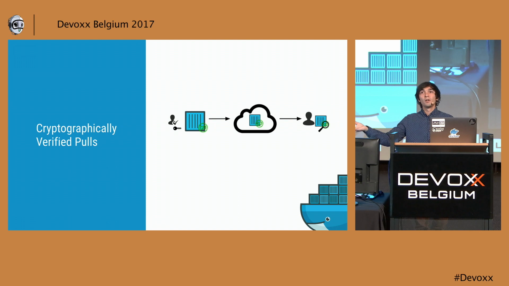When you pull from any registry with Docker Content Trust, which is the official name of the integration, you're actually using Notary and all the goodness of The Update Framework to say, is this thing fresh? Is it up to date? Is it what I wanted? And did the right person sign off on it? So regardless of cloud or CDN, you have a cryptographically verified pull for Docker images.